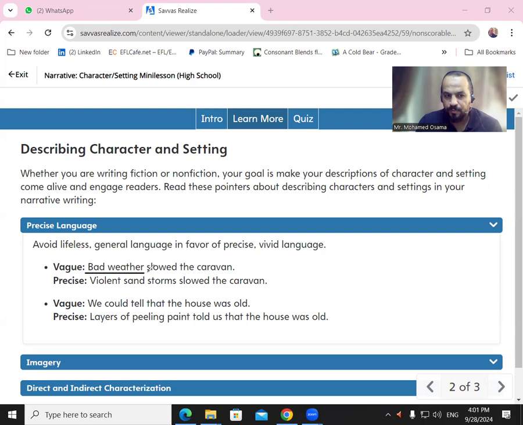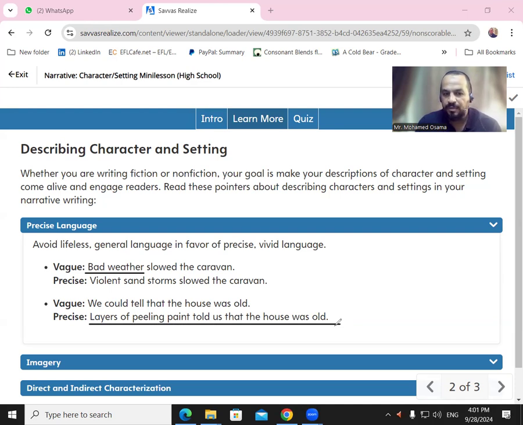Another example, if I say we could tell that the house was old, if you write the house is old, you are like a grade 3 or grade 4 student. But if we said that layers of peeling paint told us that the house was old, you use the senses. You illustrated to the reader that the house is old, not by saying the house is old. You use the technique of show, not tell.